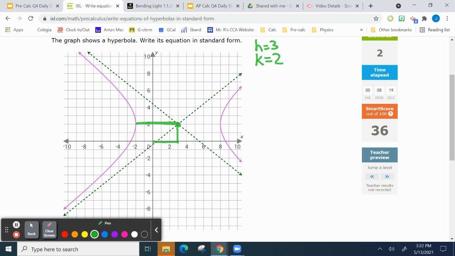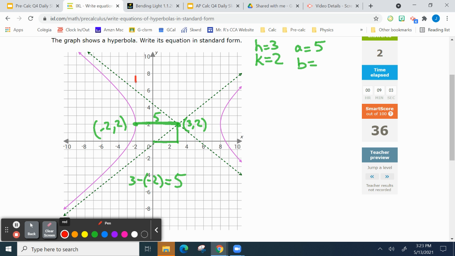If this is 3, comma 2, and the vertex is negative 2, comma 2, then x2 minus x1, 3 minus negative 2, equals 5. So a equals 5, which obviously you can count, but I wanted to just do the math because we're here to do the math, and you might not have something where you can just eyeball count things, right? Okay, so there's that, and now we got to find b.